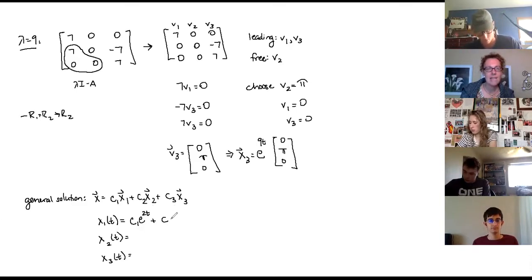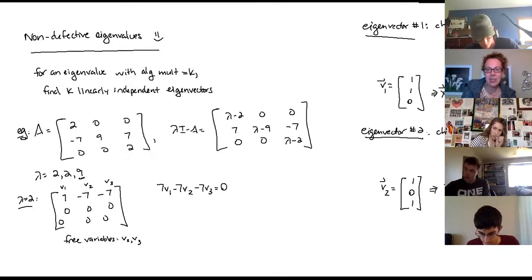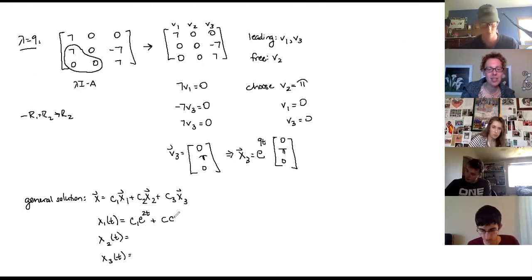Plus, no, I can't do it off of memory. Sorry. C1 e to the 2t plus C2 e to the 2t plus 0. There's no plus in this one because my top entry up here is equal to 0. So no plus, just a 0.